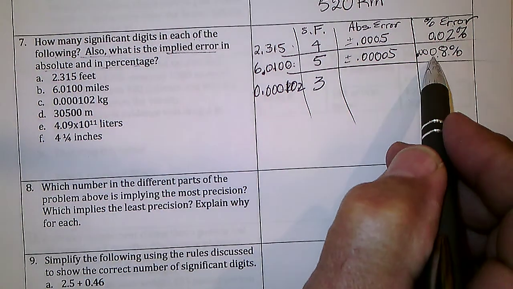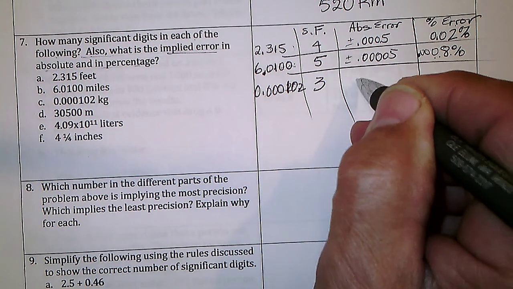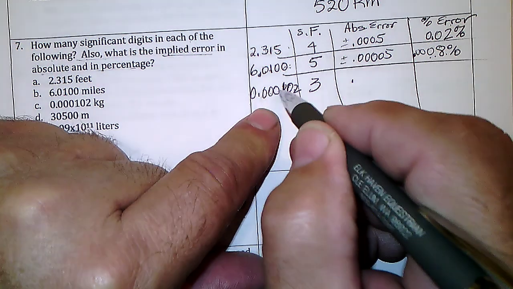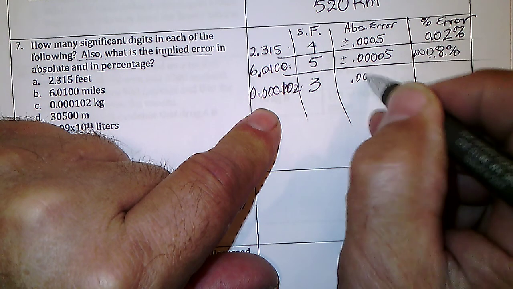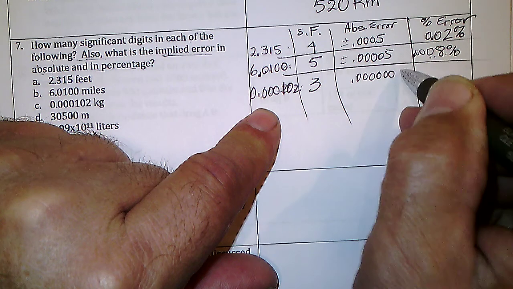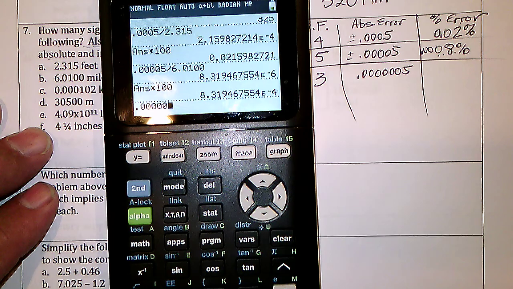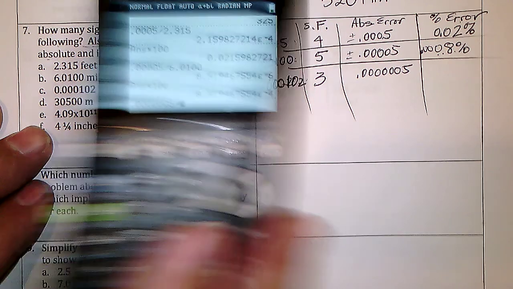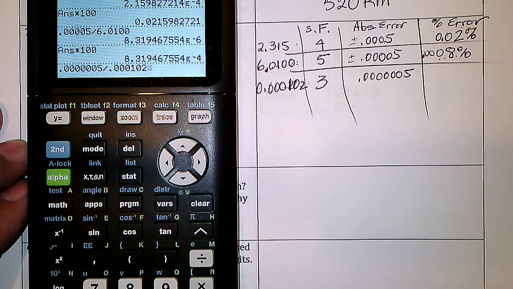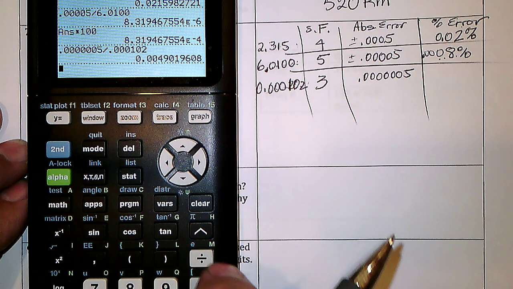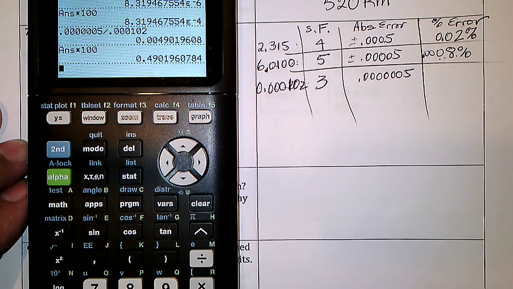So it should be less percentage here, but the absolute error is pretty big. 0.0000005, 6 zeros, 5. 0.1234565 divided by 0.000102 times 100.